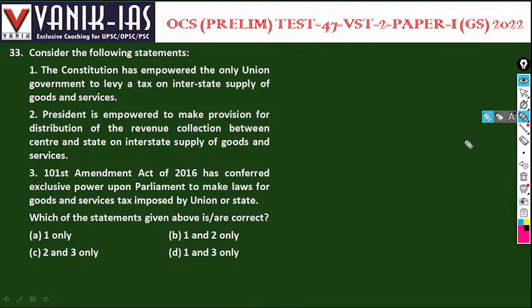The Constitution has empowered only the union government to levy tax on the interstate supply of goods and services, IGST. This is right. The President is empowered to make provisions for distribution of revenue collection between the center and states; interstate supply of goods and services, yes, the Finance Commission is there. The 101st Amendment of 2016 conferred exclusive power on Parliament to make laws on goods and services tax.